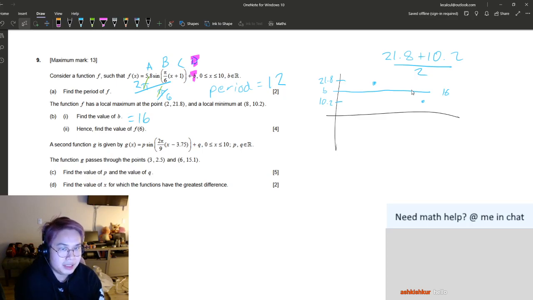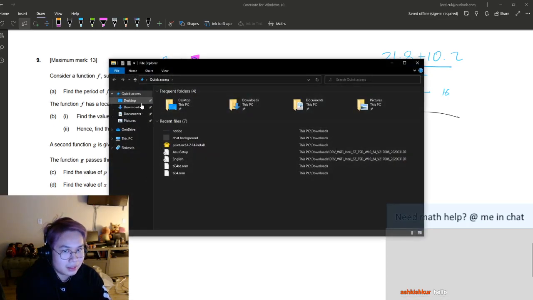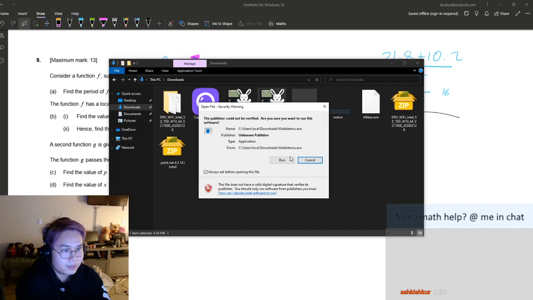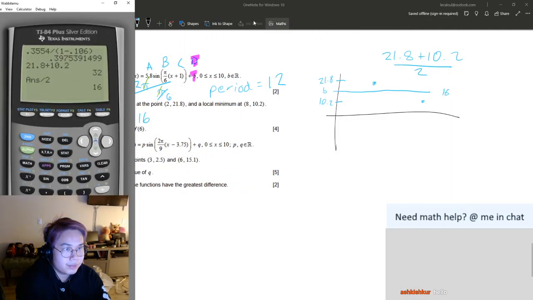And now that we know what b is, we can plug in any values of x we want and evaluate. So I need to plug in an x value of 6. So exciting. Oh my god, I closed my calculator again. Alright.